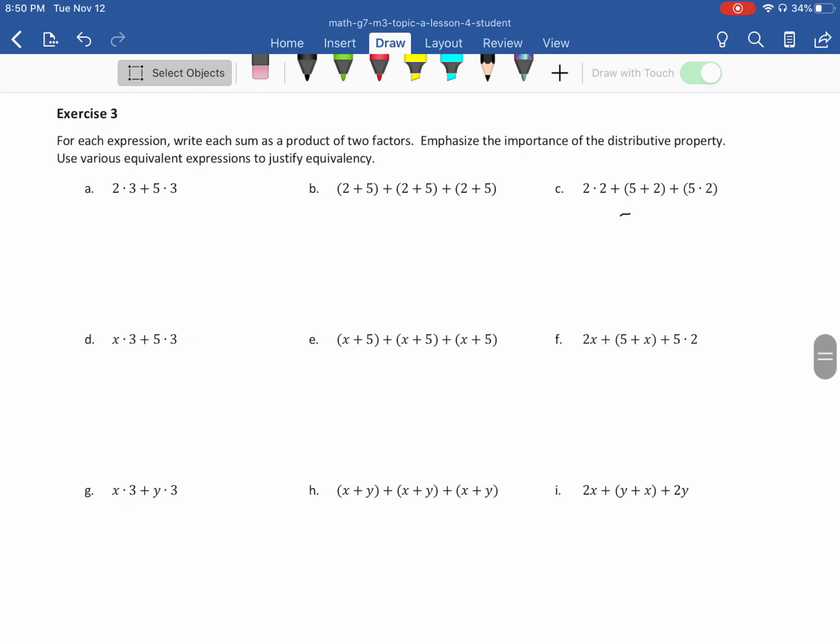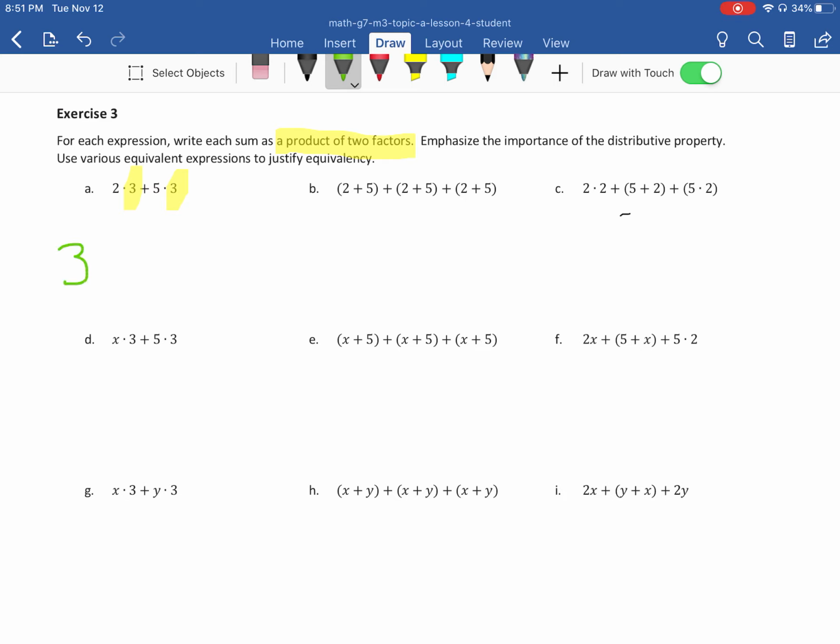Exercise 3. For each expression, write each sum as a product of two factors. Emphasize the importance of distributive property. So on this one, A, 2 times 3 and 5 times 3, but we need to write it as the product of two factors. So I can factor out that 3.